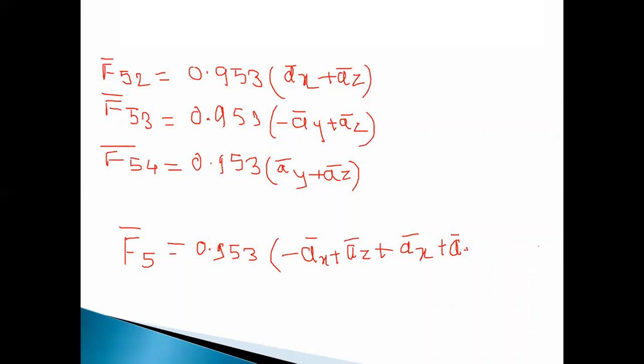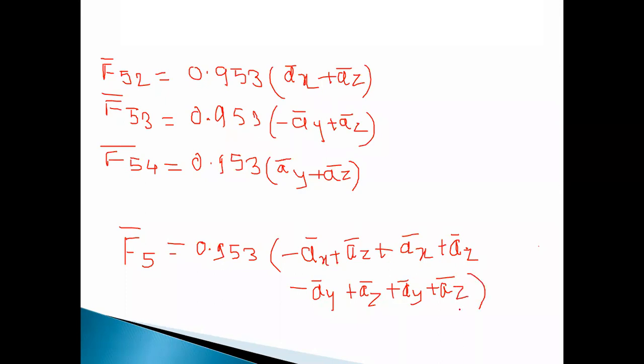Then F bar 53 is minus a bar y, minus a bar y and plus a bar z plus a bar z, and F bar 54 is plus a bar y plus a bar y and plus a bar z plus a bar z.